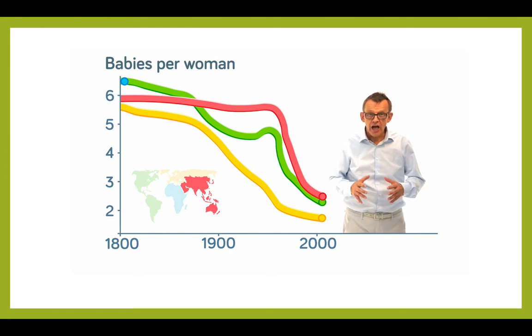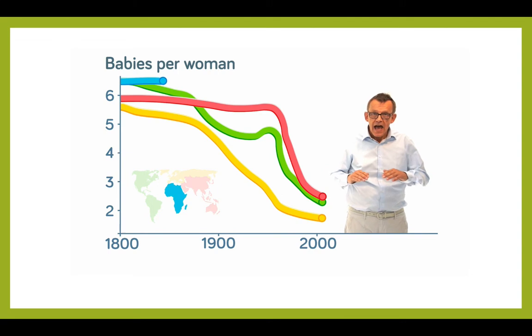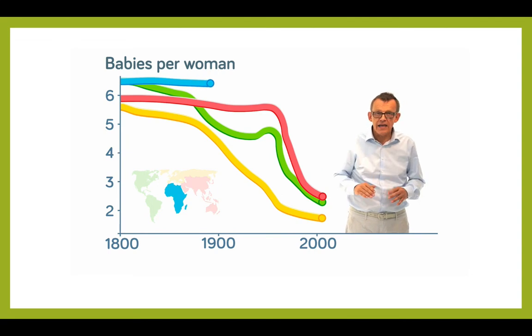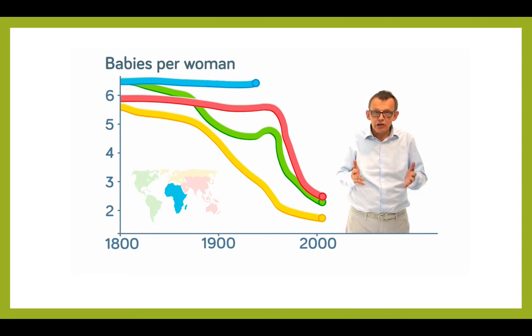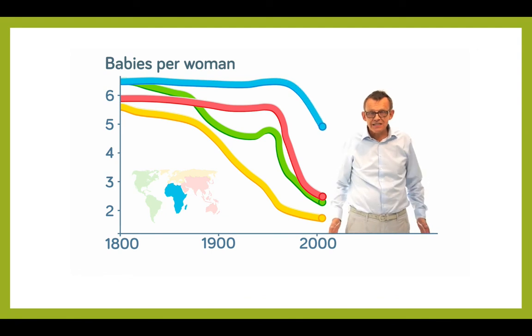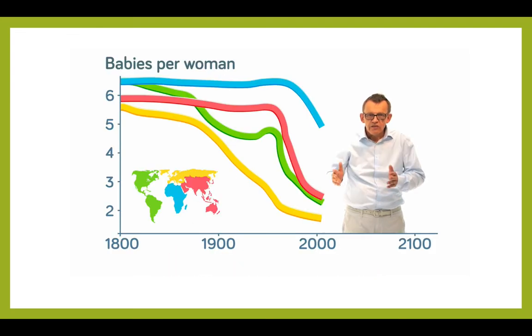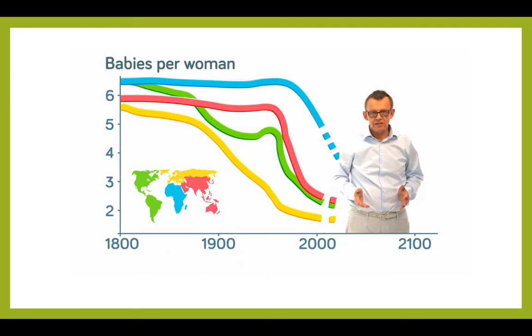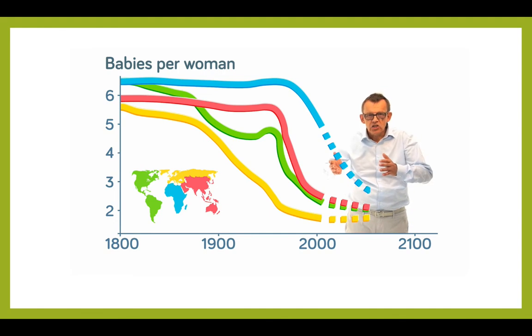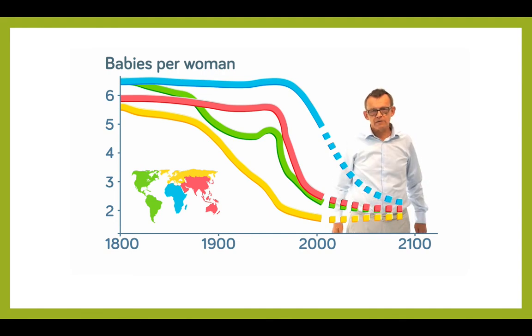And in Africa, the number of babies per woman has continued quite high, but during the last 30 years, the number of babies per woman is decreasing steadily in Africa. Now this is today. When the trends continue as they are expected, we will reach down to 2 babies born per woman during this century.